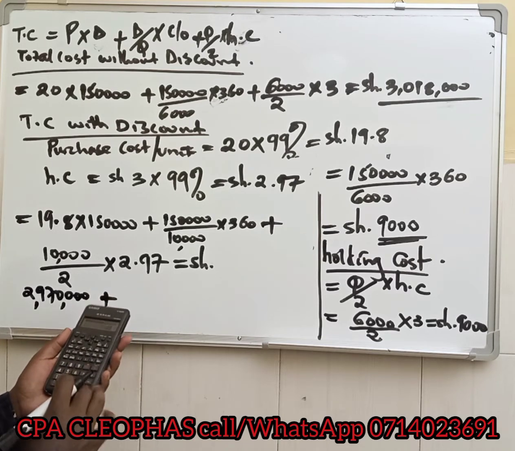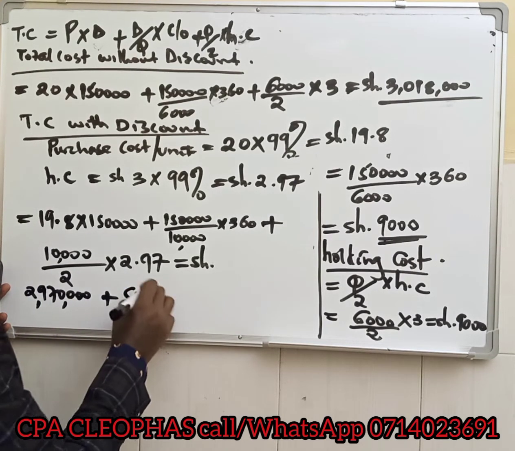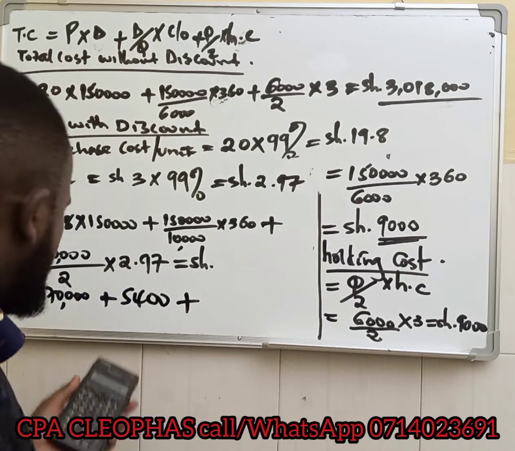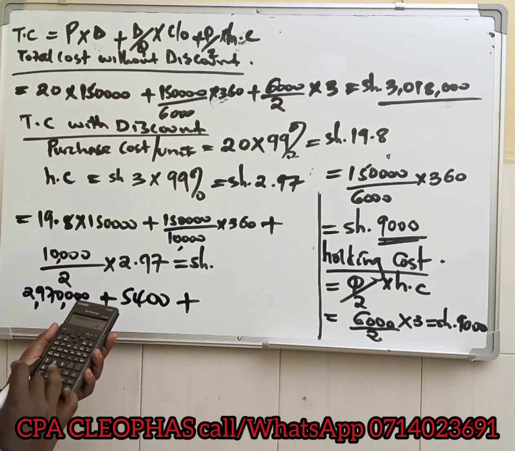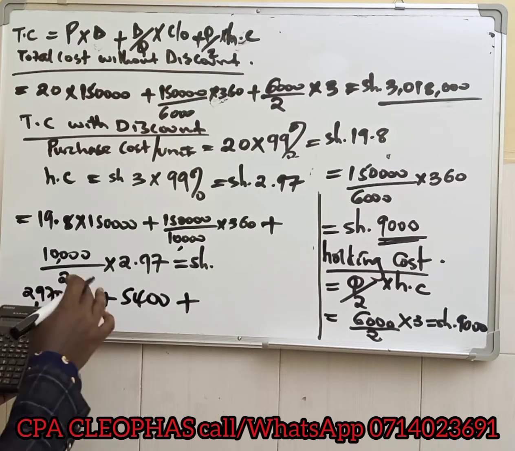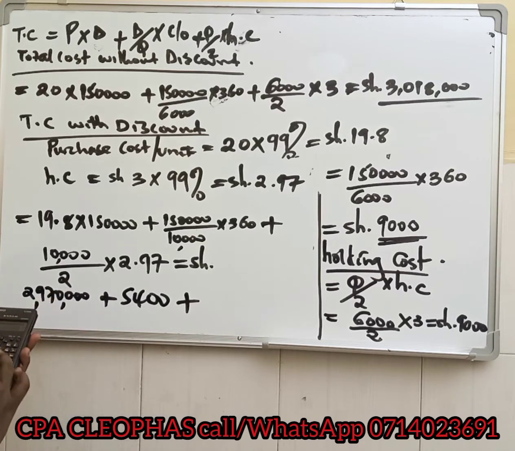So the cost of ordering is 5,400 now. Plus the cost of holding: 10,000 divided by 2 is 5,000, times 2.97, which is 14,850.